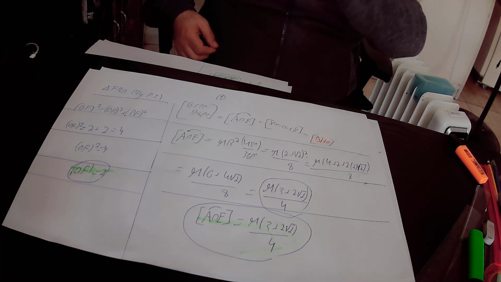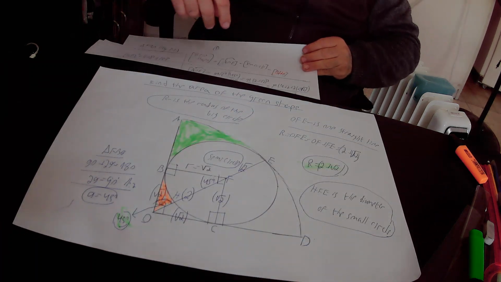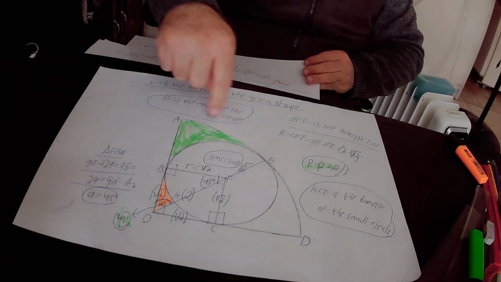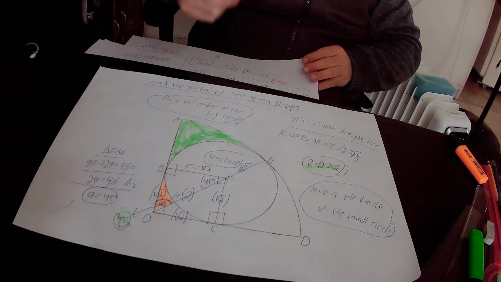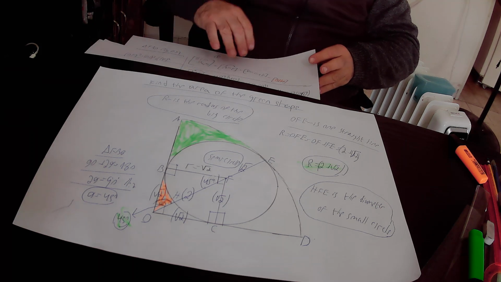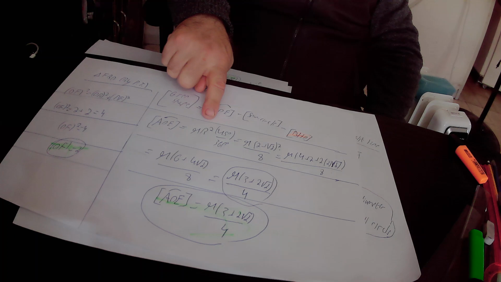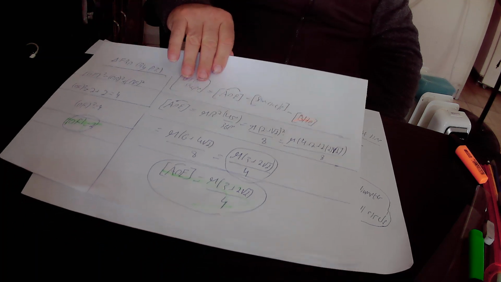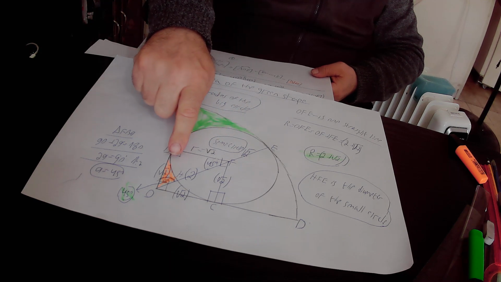Again, the area of any sector equals the area of the circle that contains the sector. This sector is contained by the big circle, so the area of the big circle is pi times capital R squared, times the angle between the legs of this big sector.